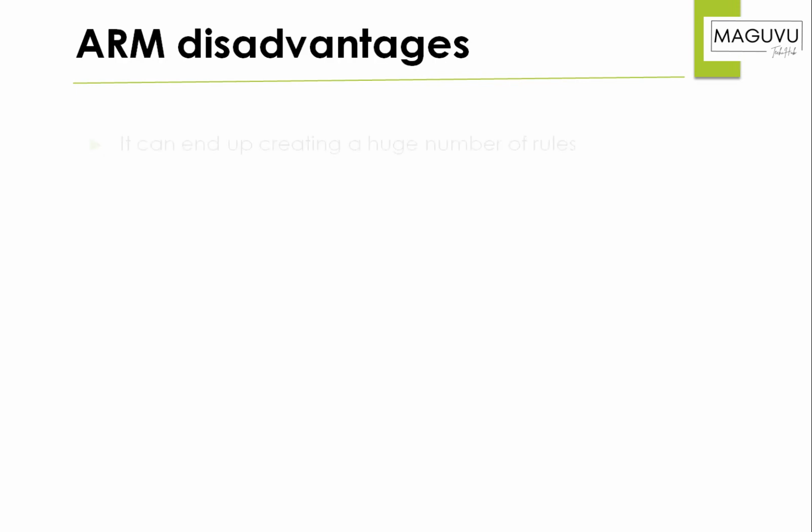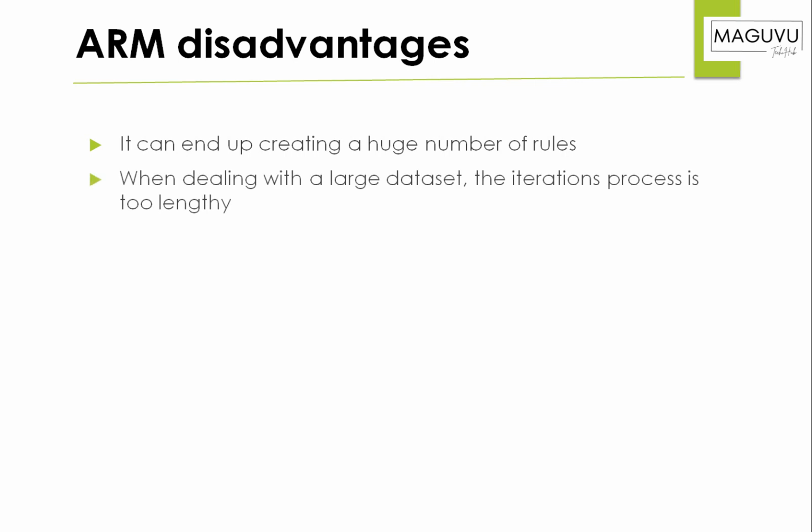Then the disadvantages. Like any other algorithm in data mining, association rules also come with their negatives, right? It can end up creating a huge number of rules. When we are dealing with a larger data set, the iteration process is too lengthy.